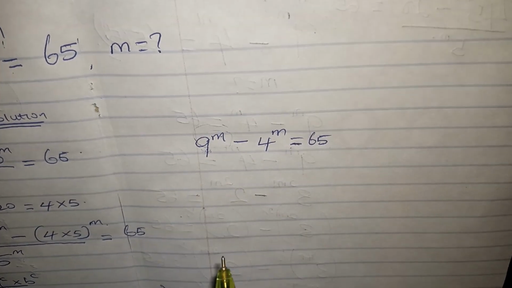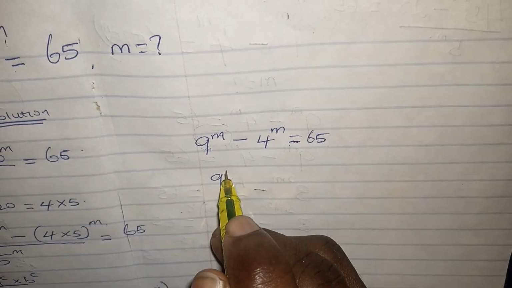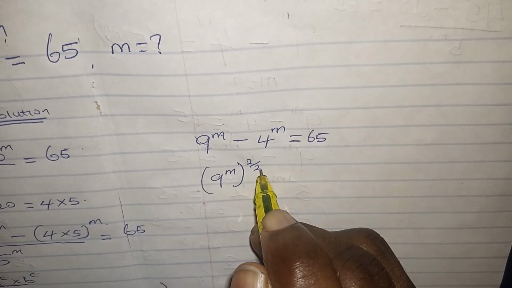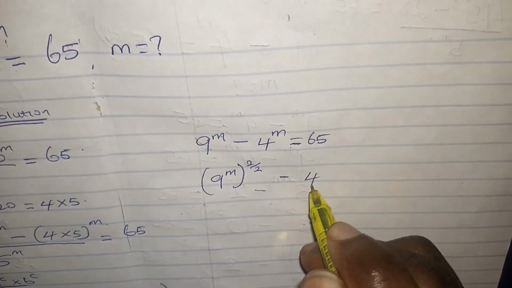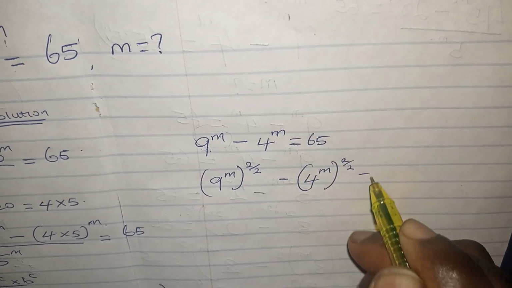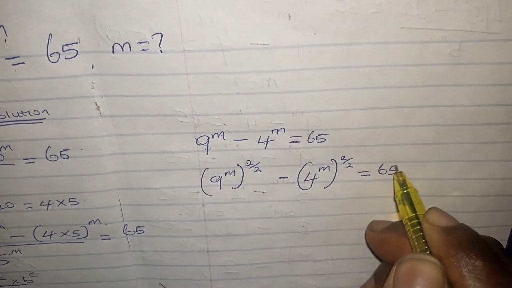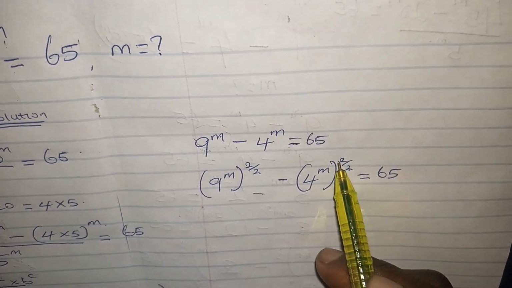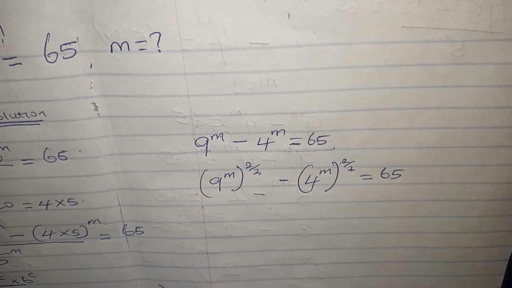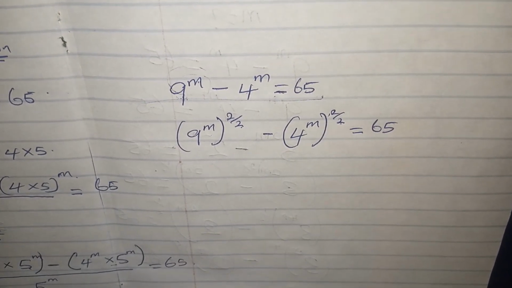We can rewrite it as 9 to the power of m, in brackets, to the power of 2 over 2, which remains the same, minus 4 to the power of m, in brackets, to the power of 2 over 2, which also remains the same, equals 65. Because if these two cancel these two, and these two cancel these two, we return back to this.